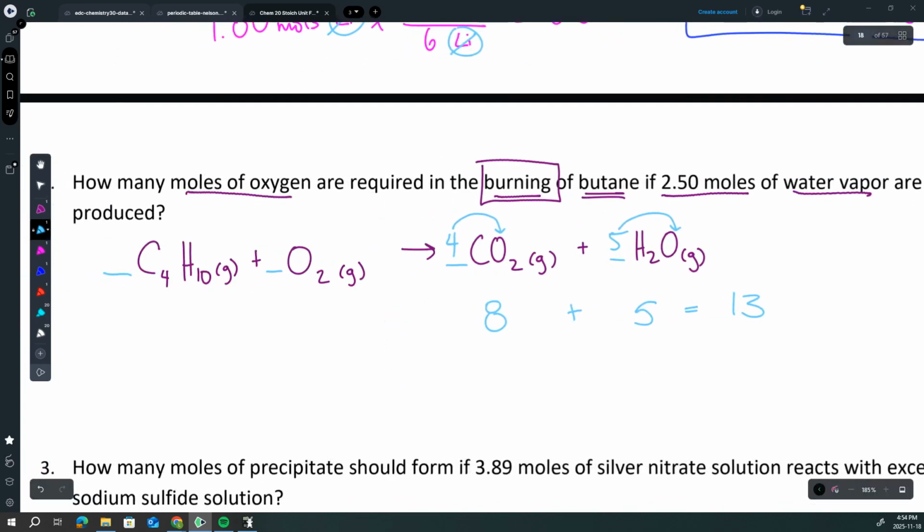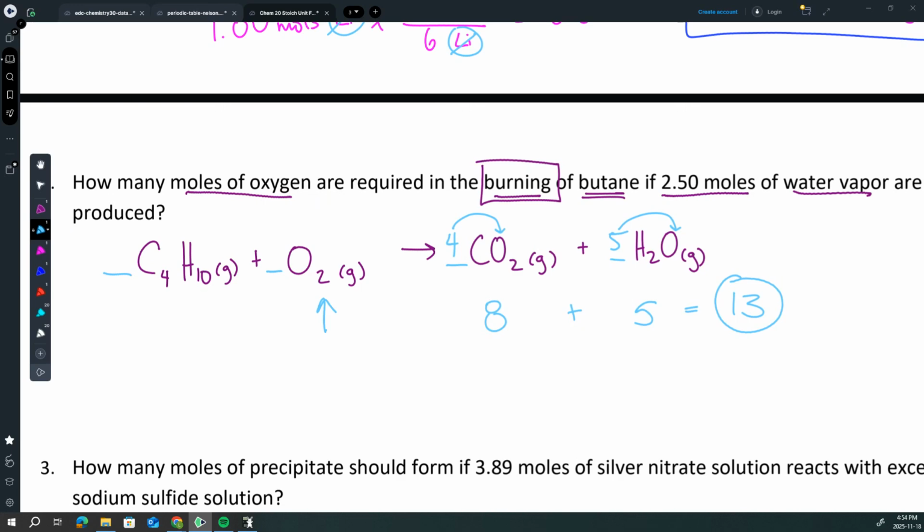You may be seeing a problem here where we have 13 atoms of oxygen on our product side, but on our reactant side, we're only ever going to get an even number because of that subscript 2 on oxygen.